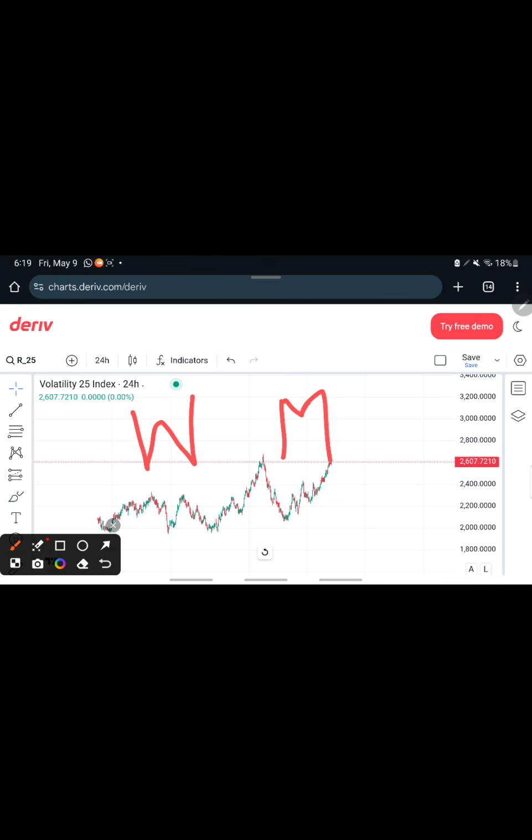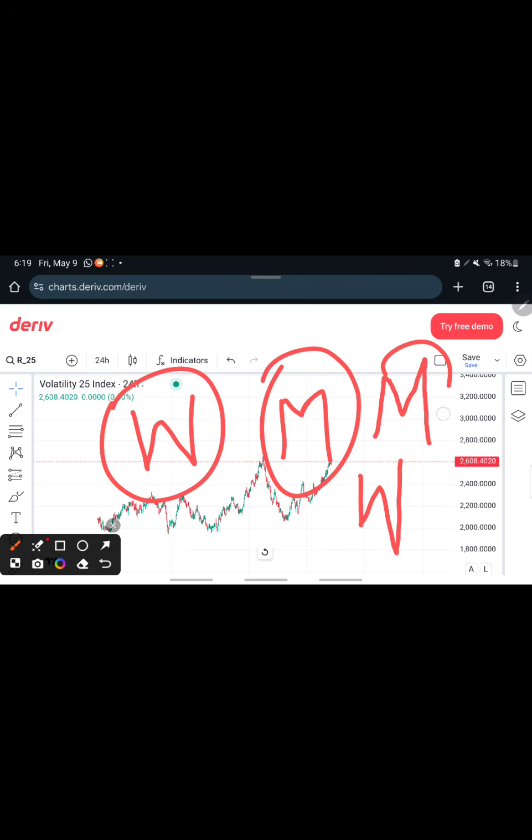Now we have the W that broke a structure to the downside and the M that broke a structure to the downside, something like this. So how do you use this pattern? I'm going to be showing you some of these patterns on the chart. It is very, very important. Learning this particular pattern will make you a lot of money.